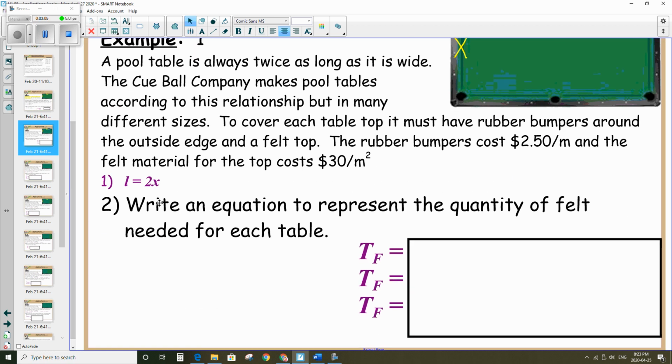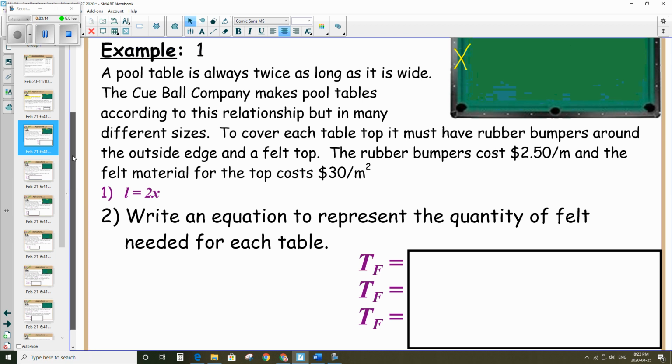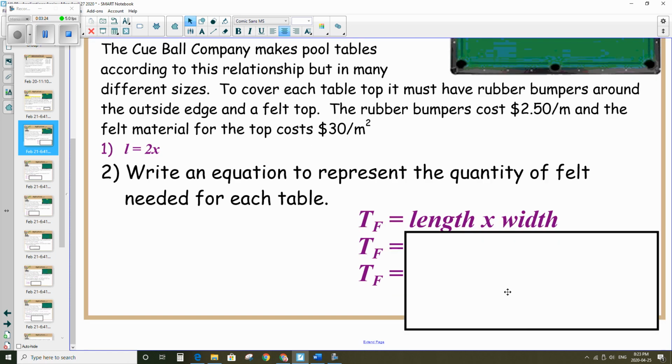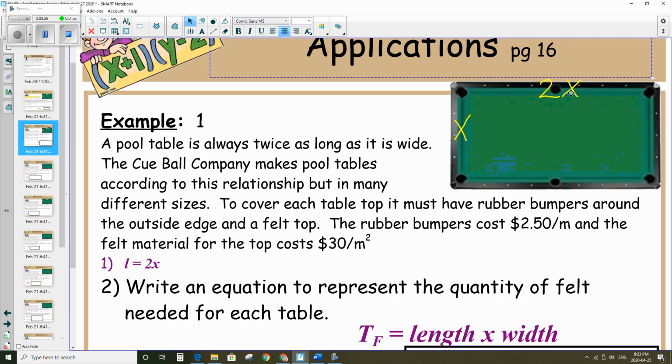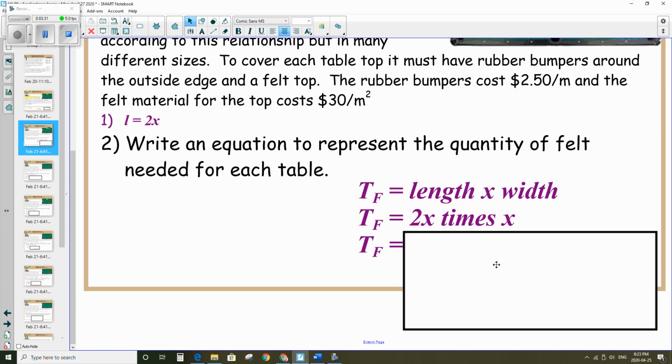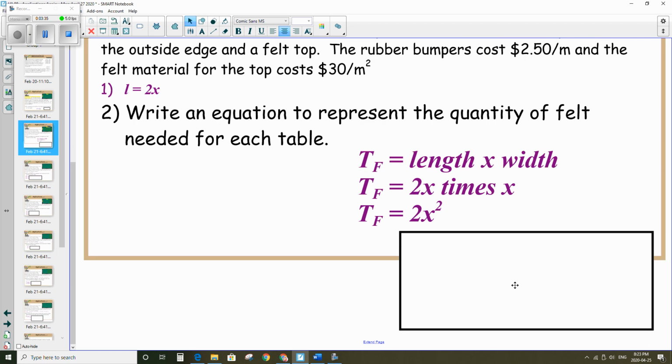Part 2 of the first example, write an equation to represent the quantity of felt needed for each table. The felt is represented by the area of that table. To find the area of a rectangle, it would be length times width. We said our length is 2x and our width is x. So 2x times x is 2x squared.